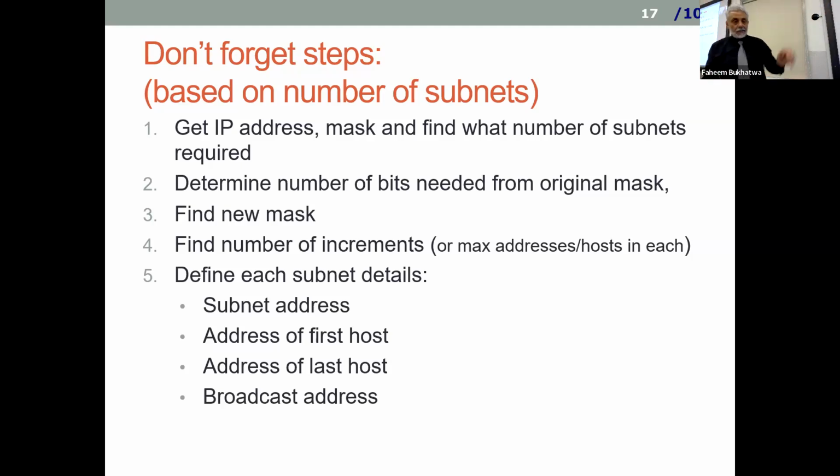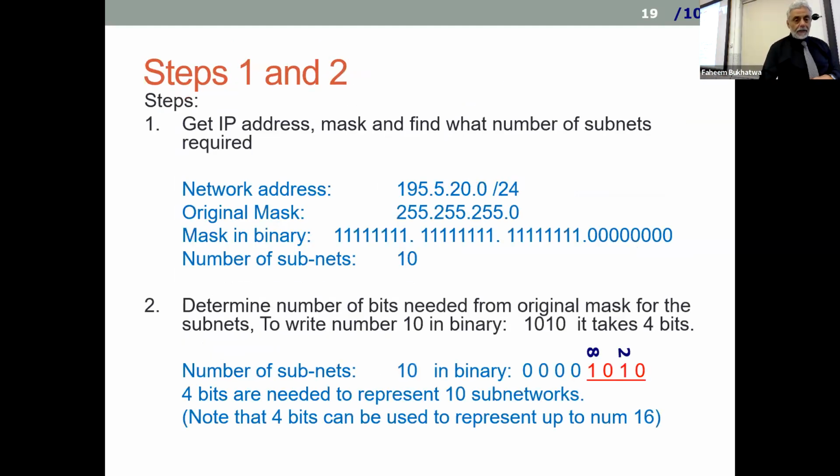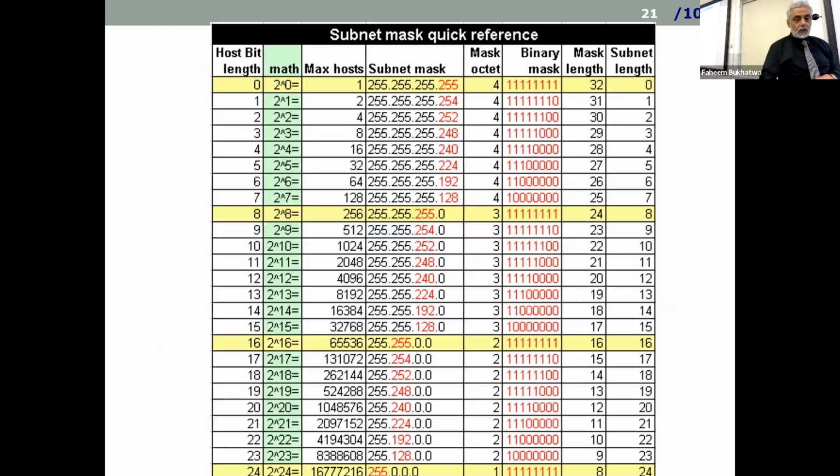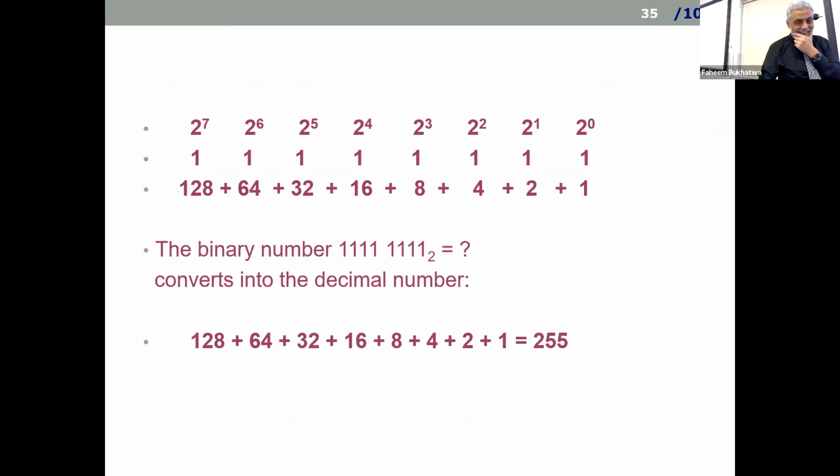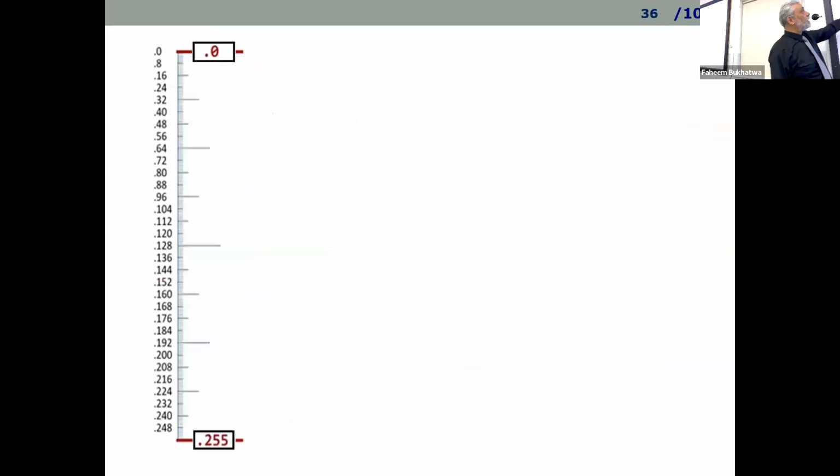We're going to split into equal size, and then for each subnet, define where it starts and where it ends. For example, you have some network that has 256 addresses.